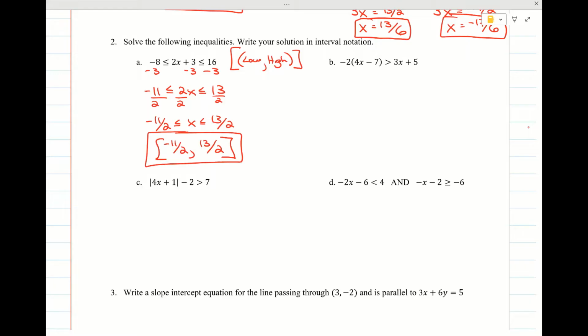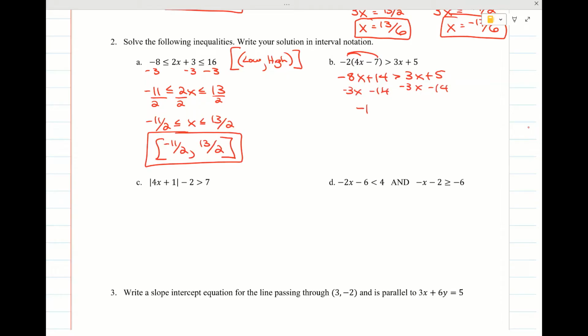The problem to the right, we can go ahead and distribute the negative 2. So negative 8x plus 14 is greater than 3x plus 5. Combine our like terms by bringing the 3x over and the 14 over.